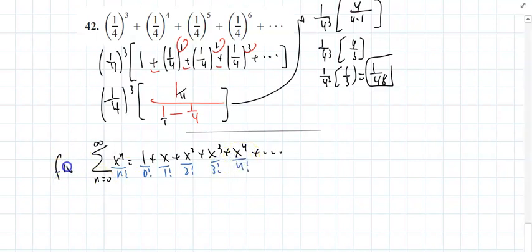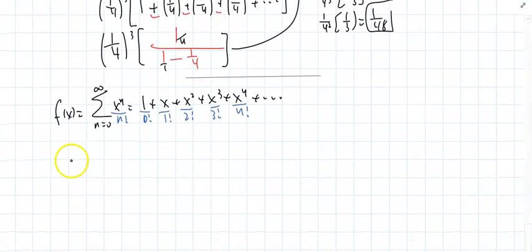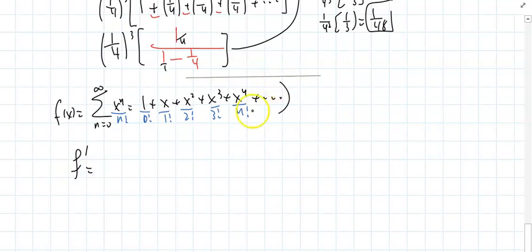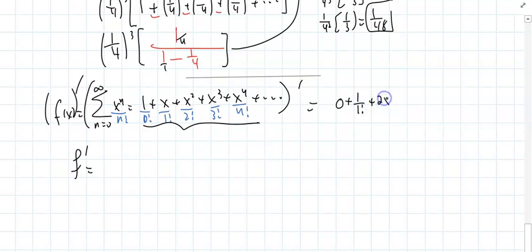If this is f of x, if I take a derivative of this, wouldn't the derivative be 0 plus 1 over 1 factorial plus 2x over 2 factorial plus 3x squared over 3 factorial plus 4x cubed over 4 factorial?